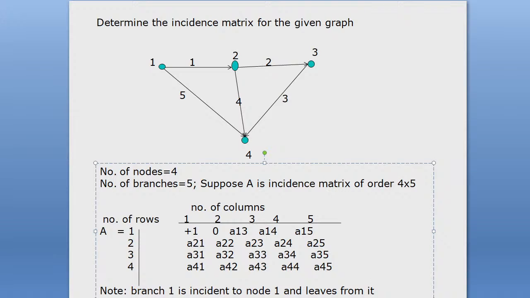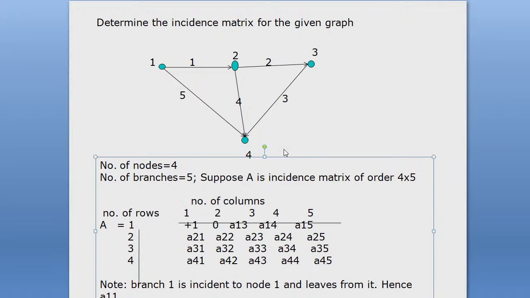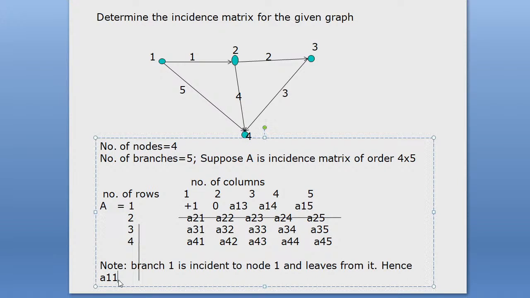Therefore the value of the element, hence A11 is equal to plus 1. Everyone write it: A11 equal to plus 1.